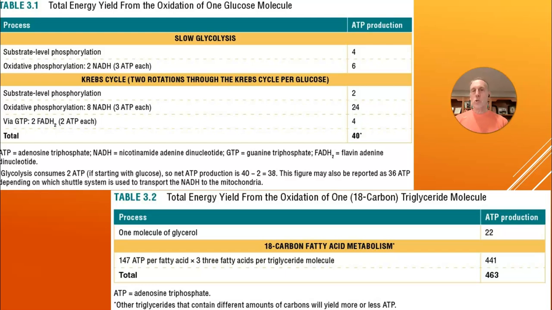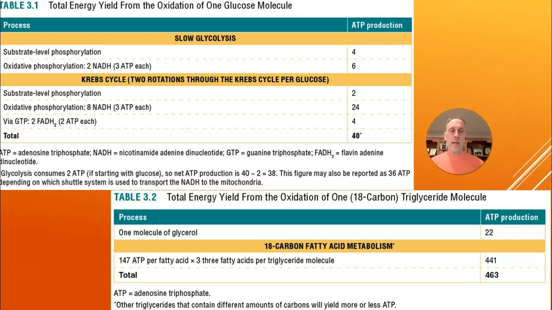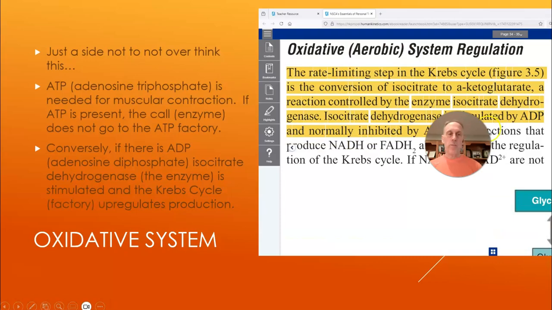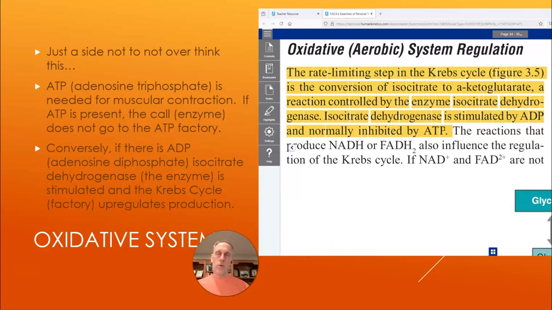But if we look at this in terms of oxidation of an 18-carbon triglyceride molecule, which is a fat molecule, look at what you get. You get a mountain of ATP. So with beta oxidation and using fat for energy, it is a robust source of energy. And you have the argument where people say you try to stay in the oxidative side of the system.